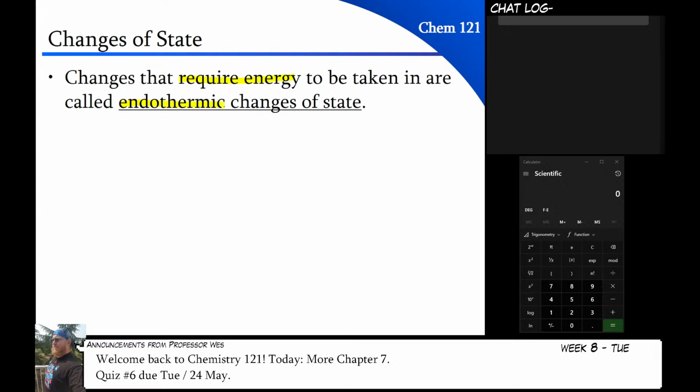So what are the endothermic processes? They would be melting, boiling or evaporation, and sublimation. Because all of those require you to add energy.